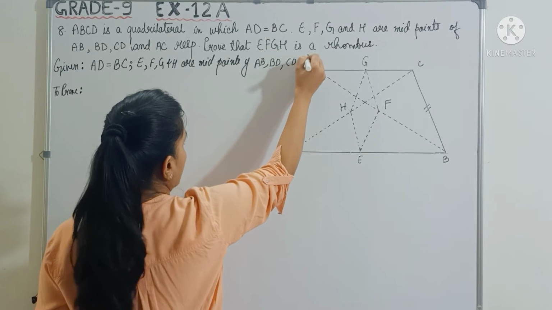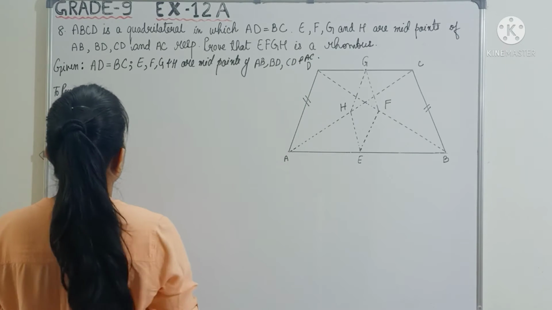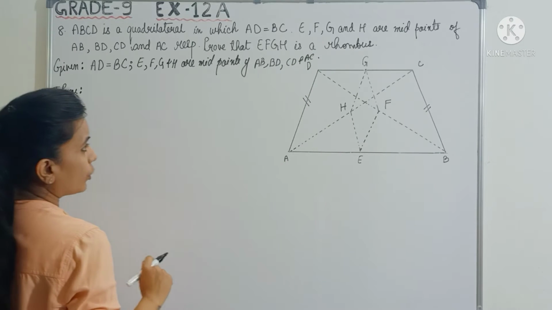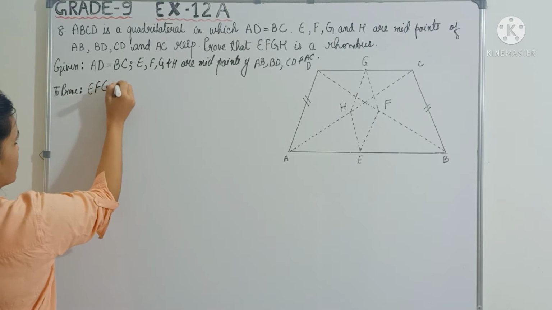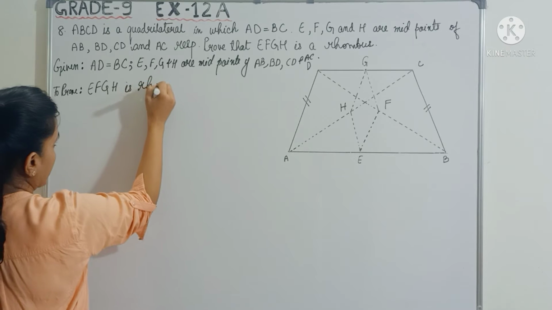Alright. Okay. Now what you have to prove? You have to prove that EFGH is a rhombus.